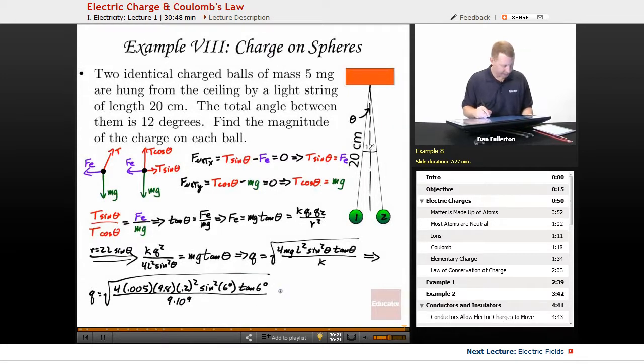Take the square root of that, and I come up with about 3.16 times 10 to the minus 8 coulombs, the charge on each of those spheres.